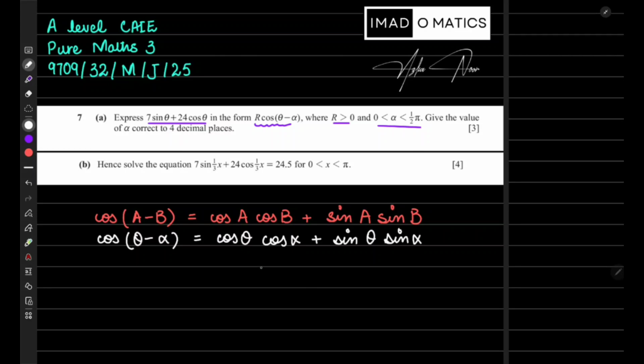Now we know that this 7 sin theta plus 24 cos theta, we need to write it in r cos(theta minus alpha) form. So we can write this equal to r times cos(theta minus alpha). That gives you cos theta cos alpha plus sin theta sin alpha.